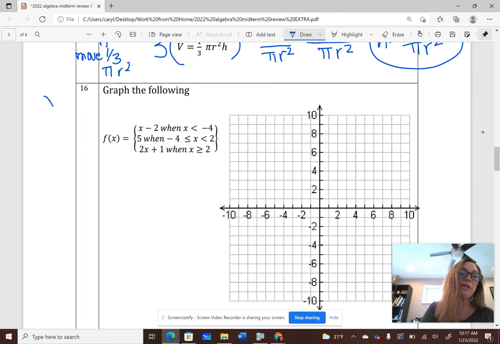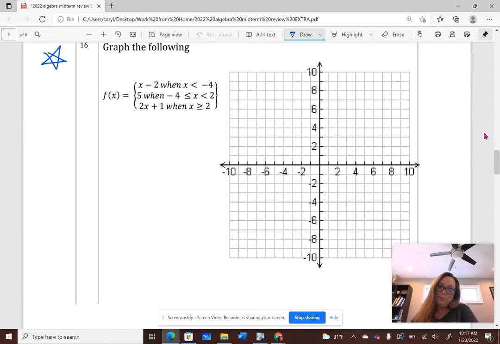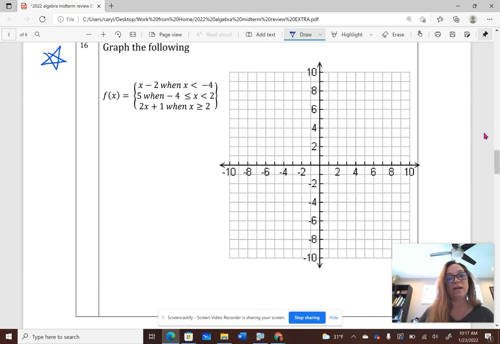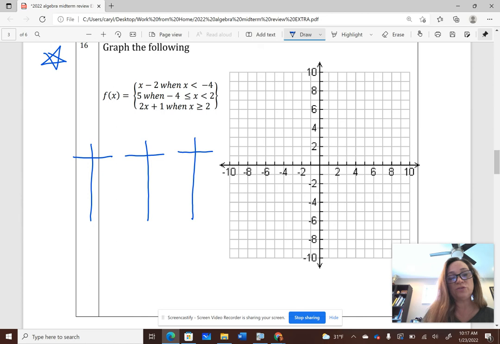All right, so I'm going to put a little star here because this is the big money question. That's the 6-pointer, so you definitely want to do that. Understand that. The thing that I do for these is I make one table for each piece. I find that easier. Since there's 3 pieces, I'm going to make 3 tables.